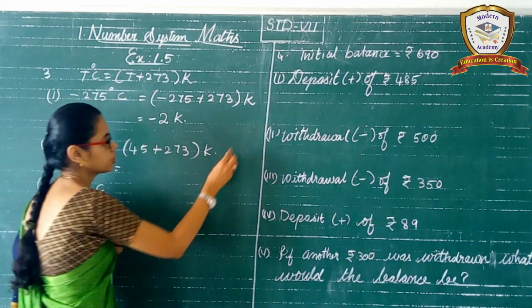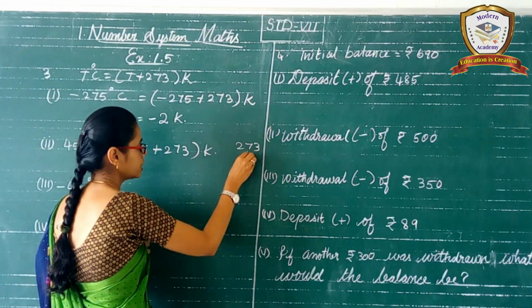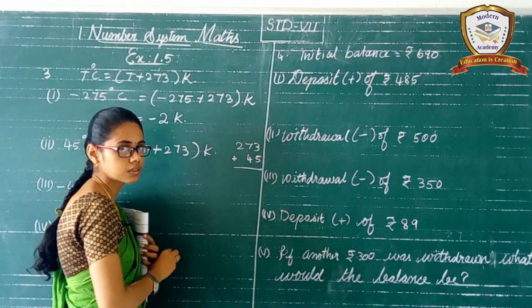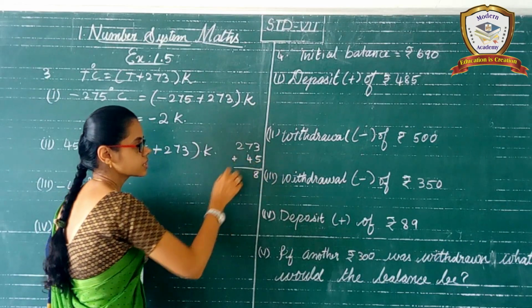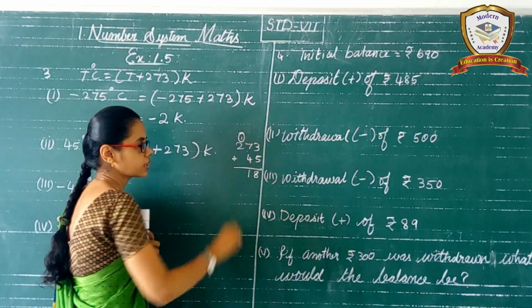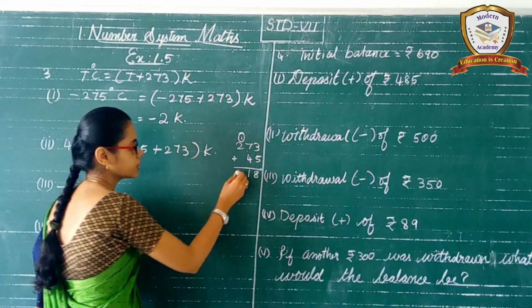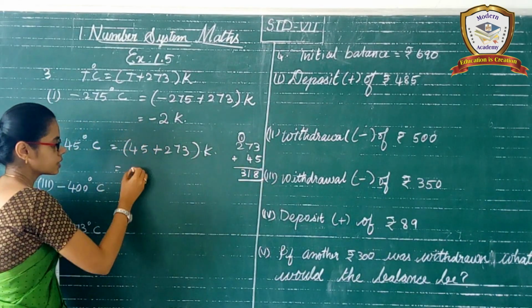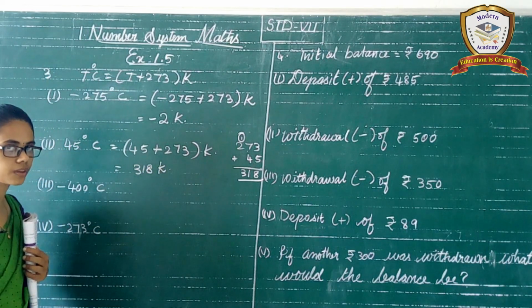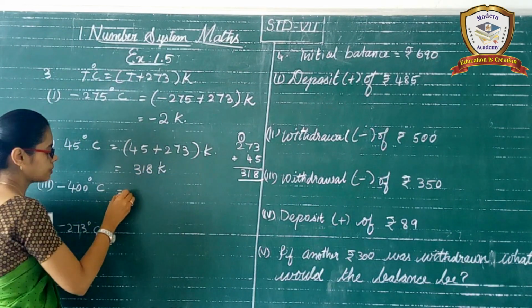Same sign means we need to add. So 273 plus 45. So we have to add 3 plus 5. The answer is 8. 7 plus 4. The answer is 11. So 1 here and 1 carry goes to the next number. 2 plus 1, 3. So what's the answer? 318 Kelvin K.